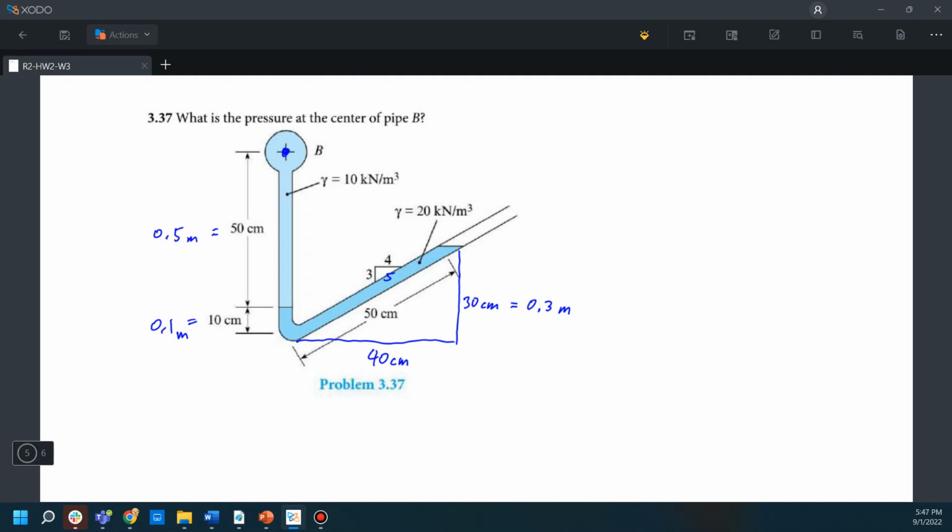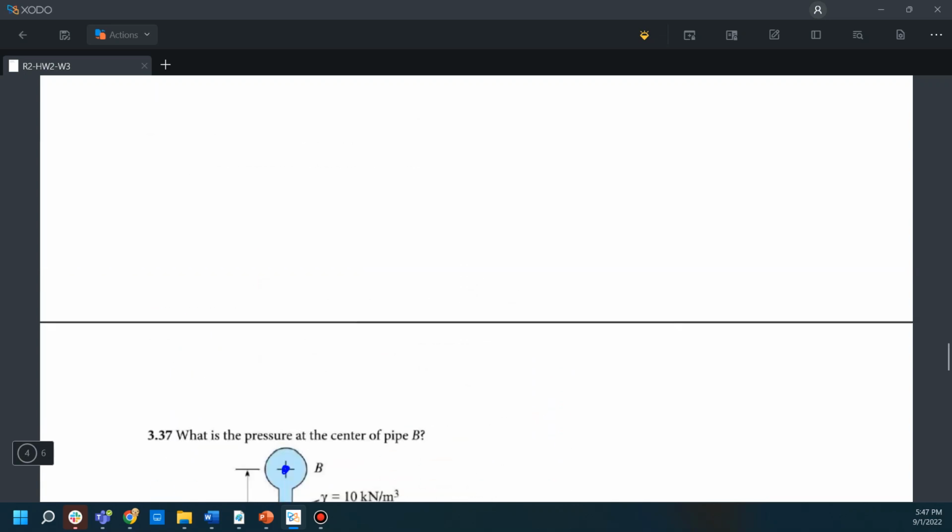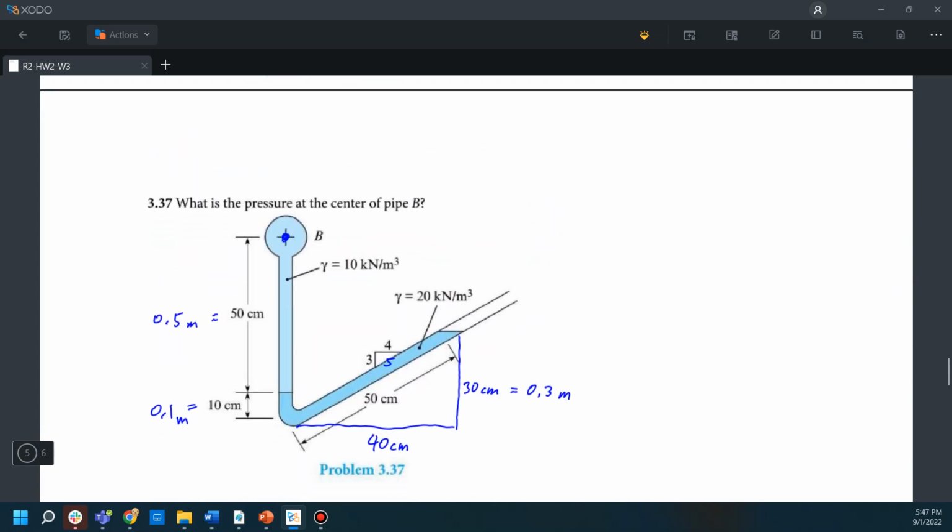Okay, so as in the previous problem, we will cut off the surface here. So the hydrostatic on the left hand side will equal the right hand side.